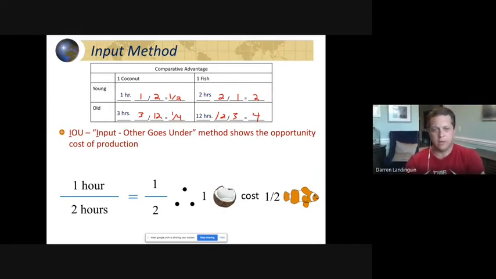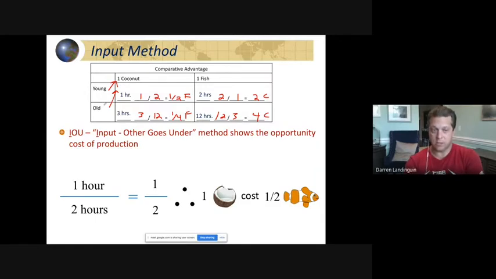Okay, the method is the same in the sense that we look at it like a per unit opportunity cost. So 1 coconut for a certain amount of fish, 1/2 of a fish, 1 coconut for 1/4 of a fish, 1 fish for 2 coconuts, 1 fish for 4 coconuts. Again, I'm looking for who can do it with less cost.